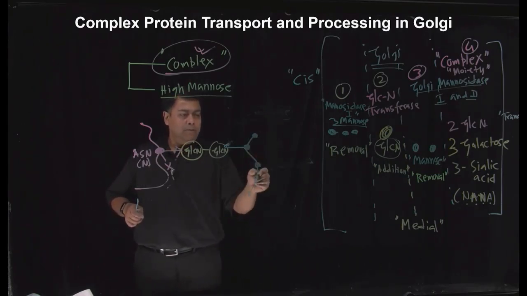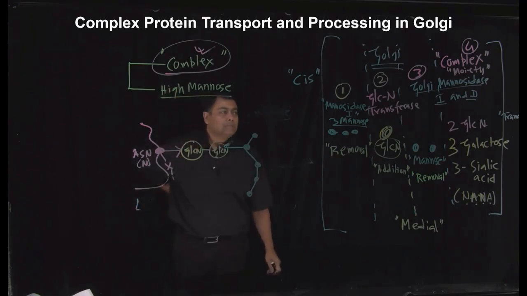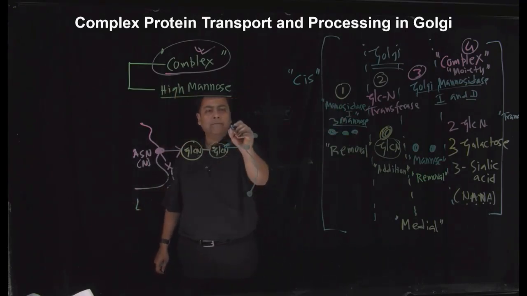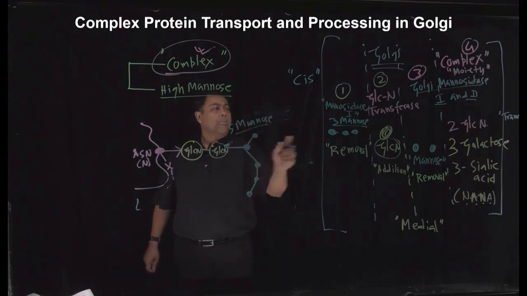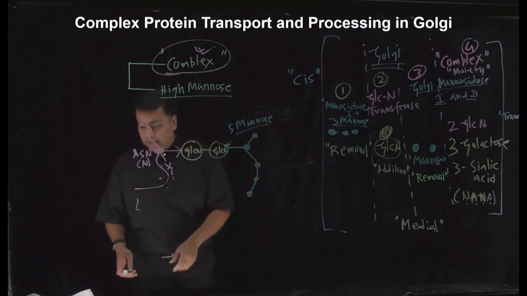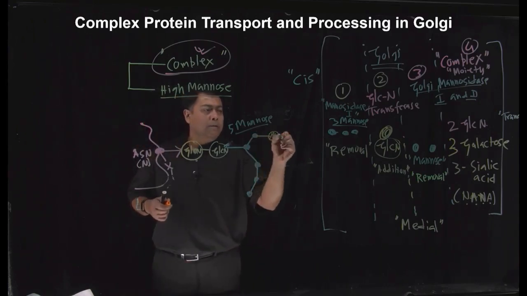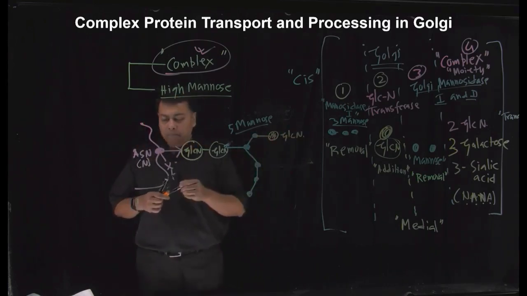So 1, 2, 3, 4, 5. All right. So we have this 1, 2, 3, 4, 5 mannose. Right here, 5 mannose. So we have added 1 GlcNAc right here.